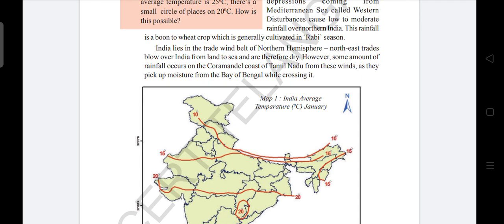However, some amount of rainfall occurs on the Coromandel coast of Tamil Nadu from these winds, which blow over India leaving it dry, because they pick up moisture from the Bay of Bengal while crossing it.